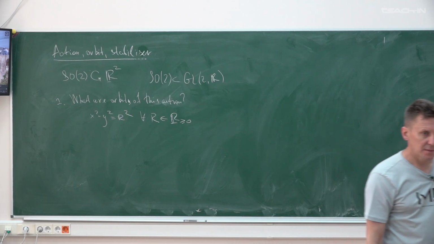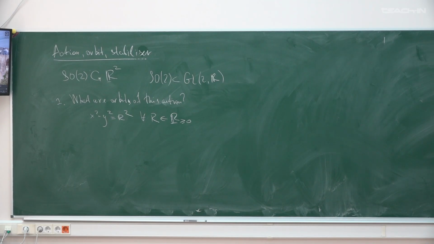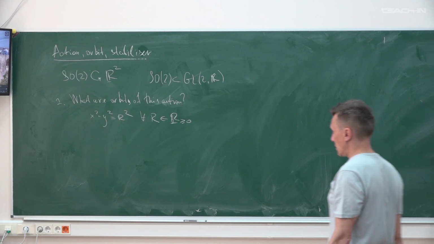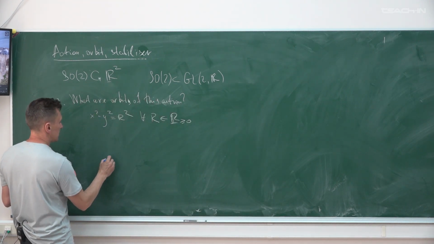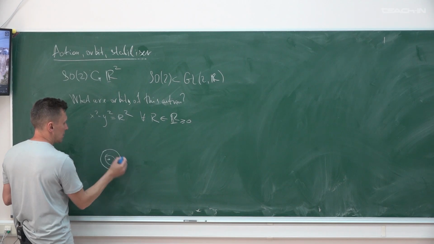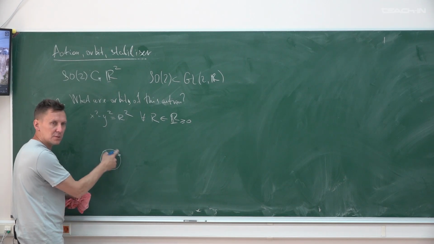So this is the orbit of this action. It's just circles, and the center is the center of the circle. The center is also an orbit, but the orbit of this element is this circle.